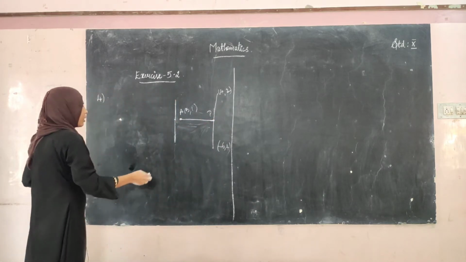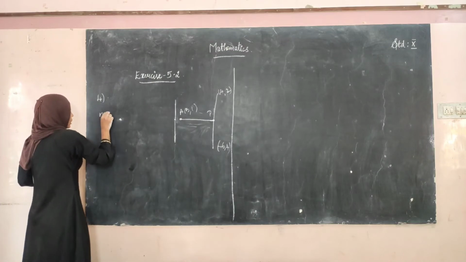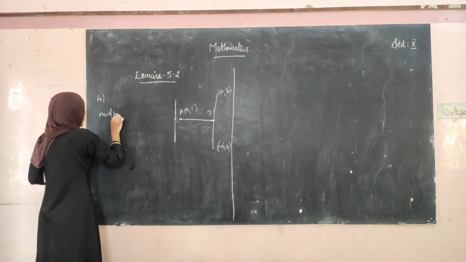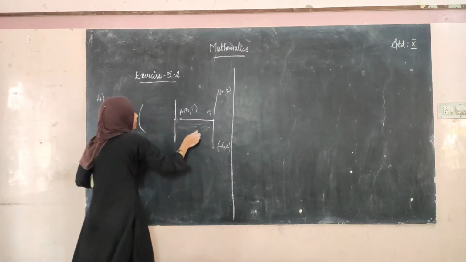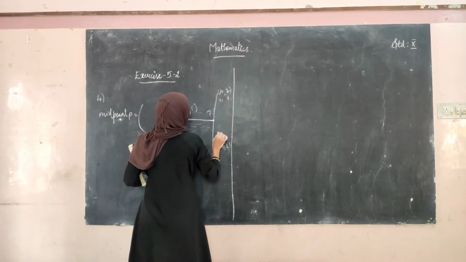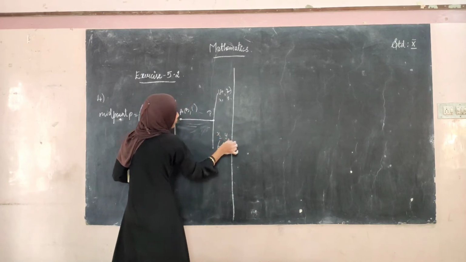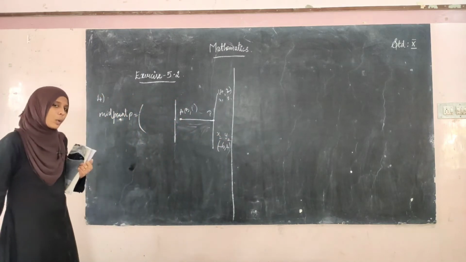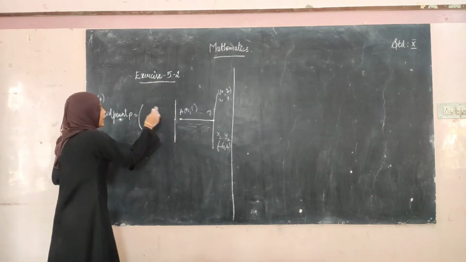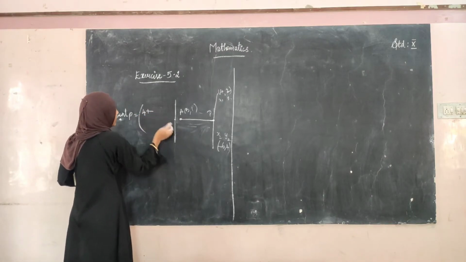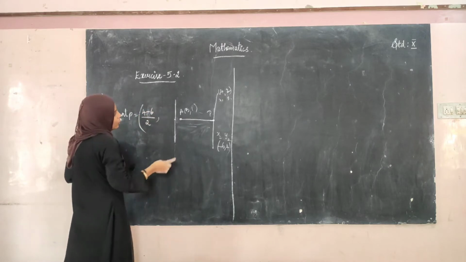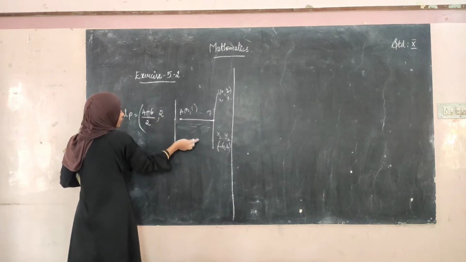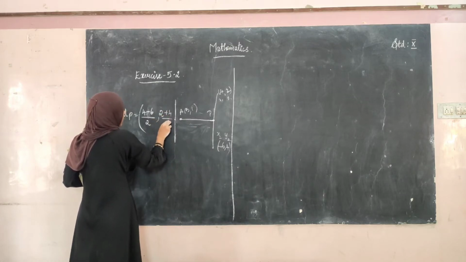So first let us find the midpoint. Midpoint P is equal to, this is x1, y1, x2, y2. What is the formula? (x1 plus x2) divided by 2, (y1 plus y2) divided by 2. x1 is 4 plus x2 is -6, divided by 2; y1 is 2 plus y2 is 4, divided by 2.